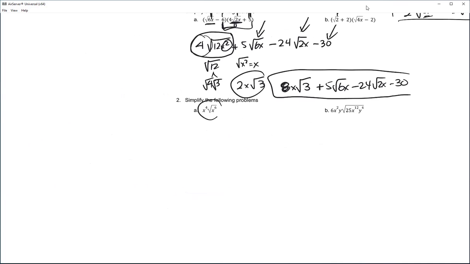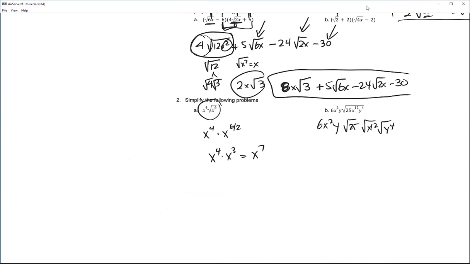This is simplify the following problems: letter A, x to the 4th times x to the 6 over 2 power, right? Which is x to the 4th times x to the 3rd power, which is x to the 7th power. Letter B, 6x squared y times radical 25, radical x to the 12th, radical y to the 4th.